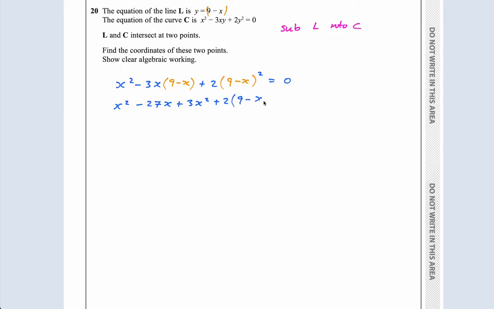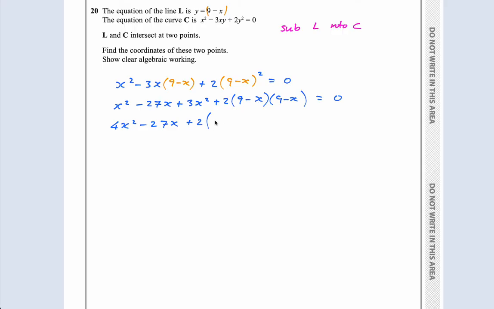So it's 9 minus x times 9 minus x, and this equals 0. Right? Let's go. I have x squared minus 27x plus 3x squared. Actually, let's join this, guys. That becomes 4x squared minus 27x plus 2 times. Guys, leave the 2. Forget about the 2. Leave it outside, and we'll multiply these out separately.